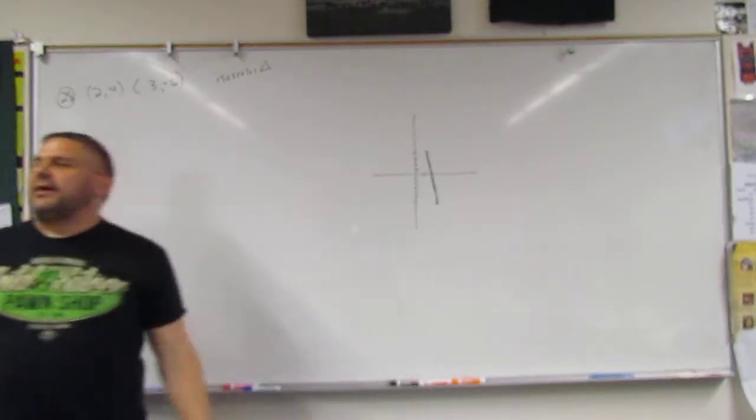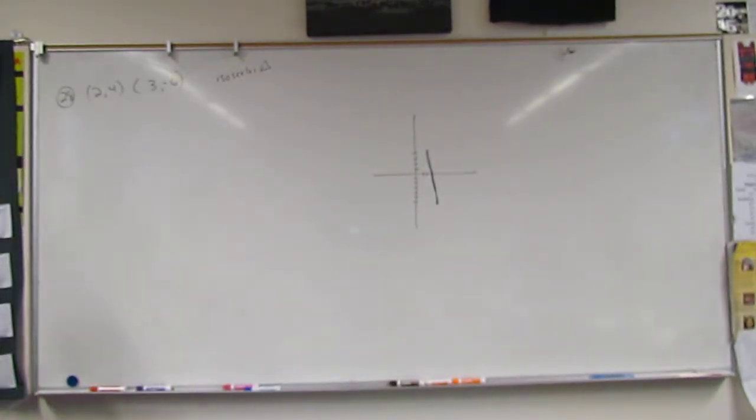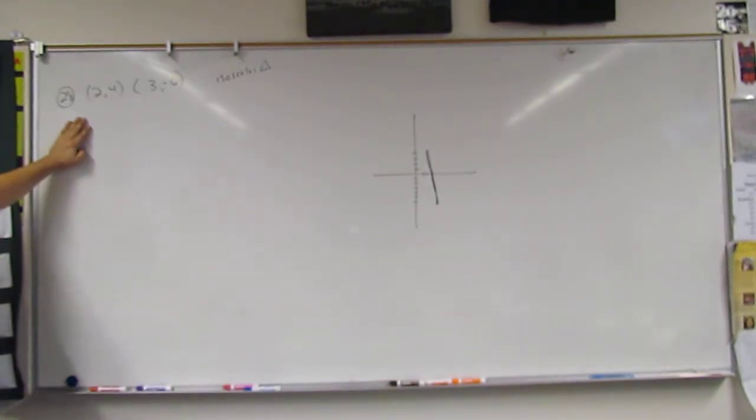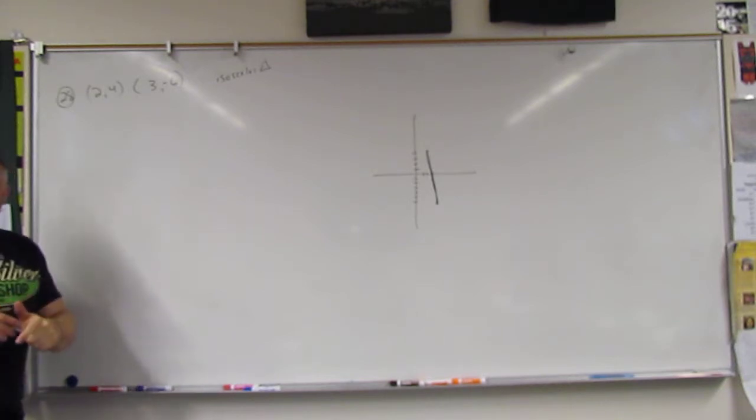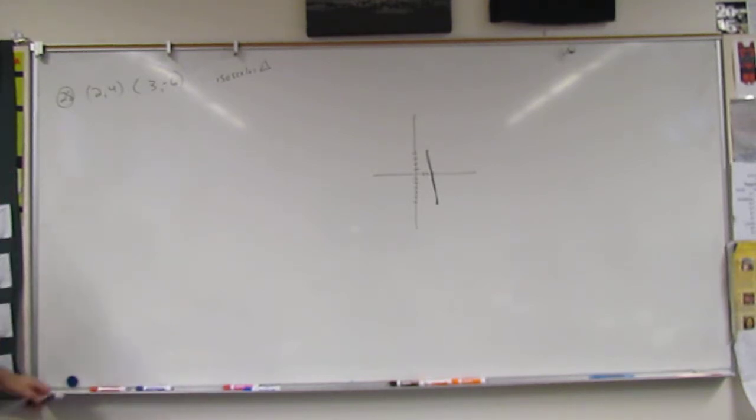Now I would have that line. Does that make sense? So (2, 4) and (3, -6). That would get me that line. Does that make sense?